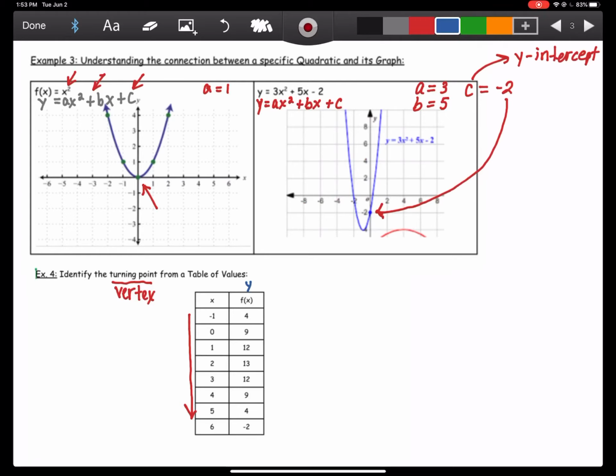This is the range, right? Notice how the range is going 4, 9, 12, and then, whoa, what's this? 13, and then what happens again? Goes down again. So that's interesting as you scan the y. You notice that the 13 is the point where things changed, and that means the vertex point is (2, 13). Okay.